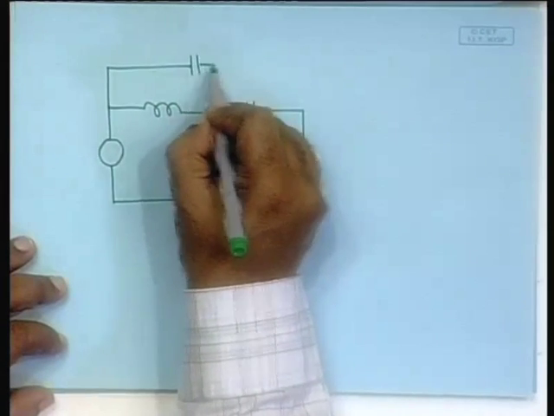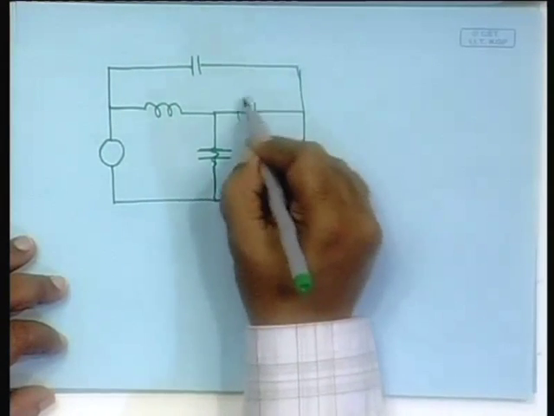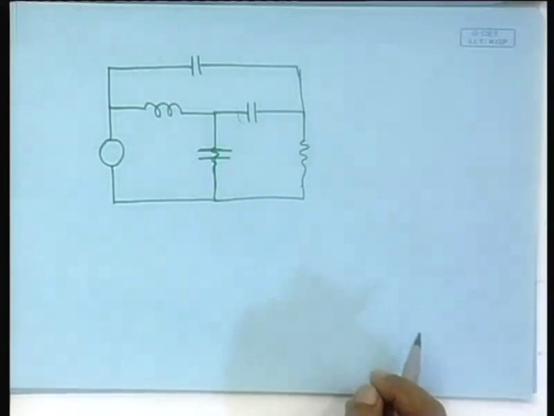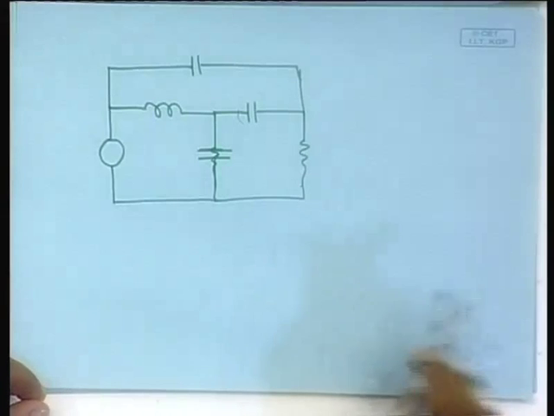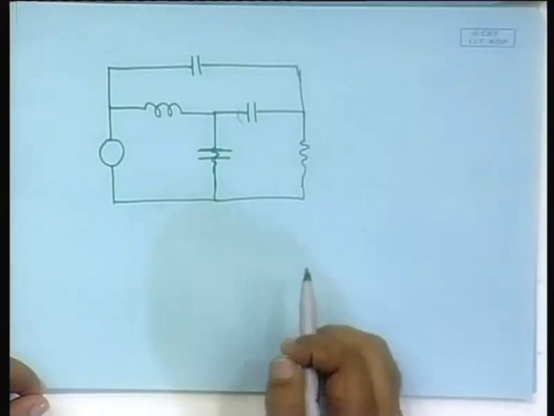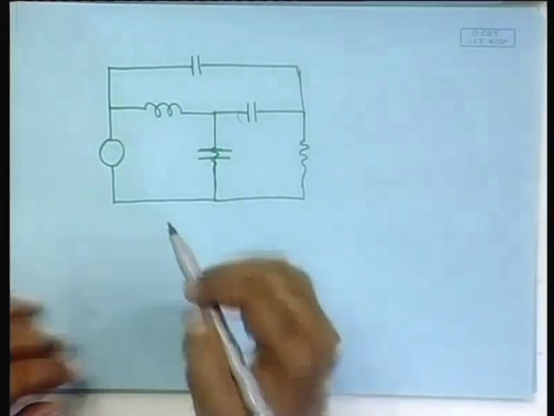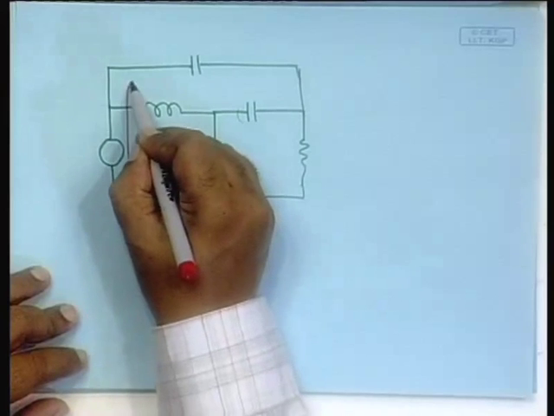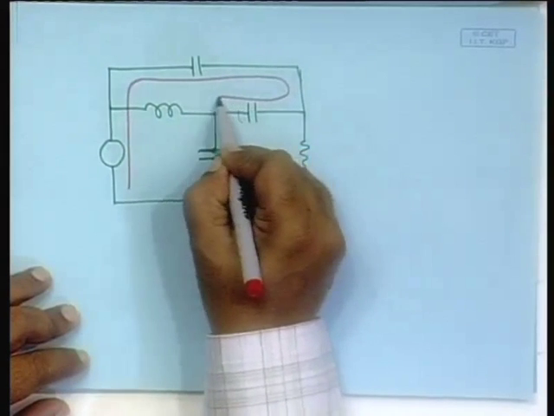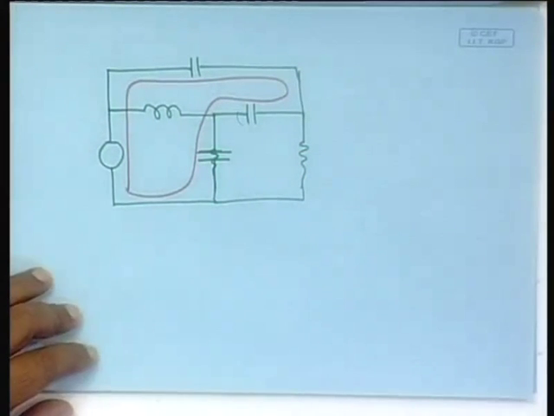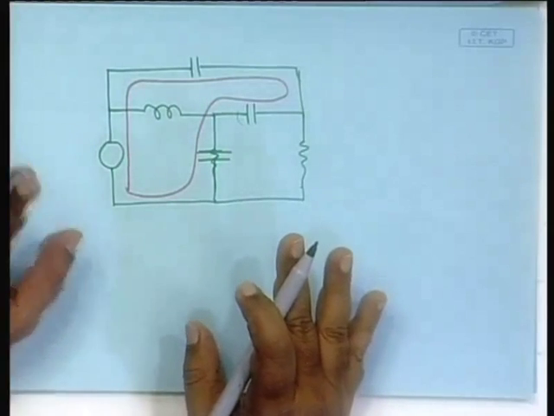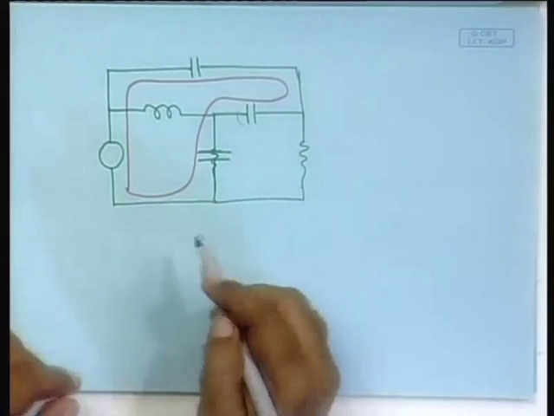What I have done? I have replaced this resistor by capacitor. At this time, I can identify a node and identify a loop like this. It is a loop, it is not a window, it is not a mesh, but it is a loop.